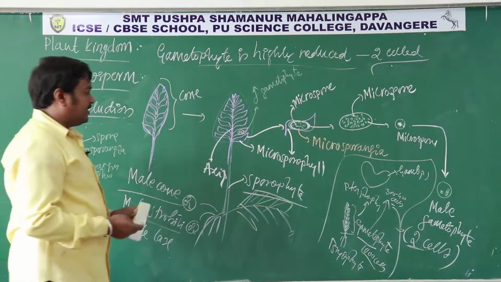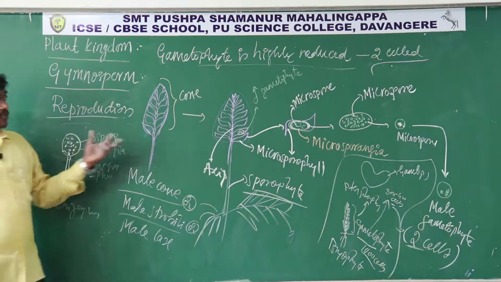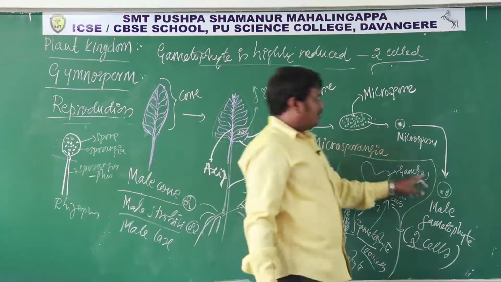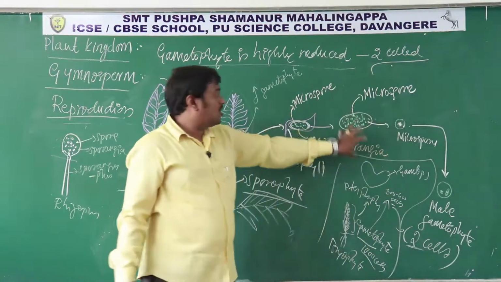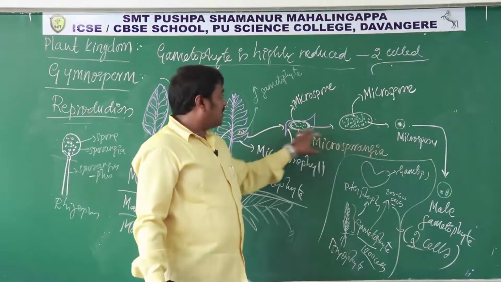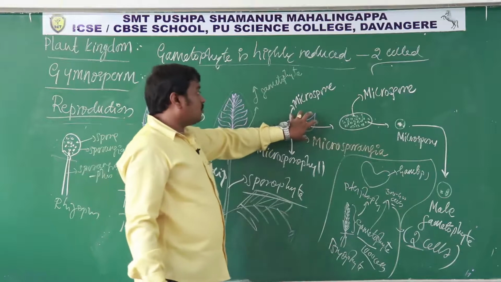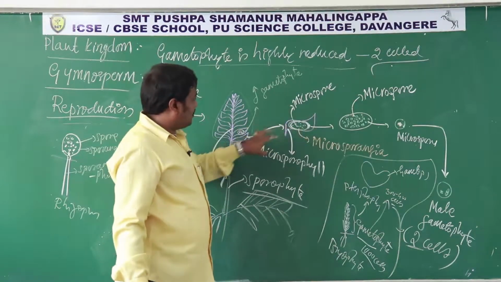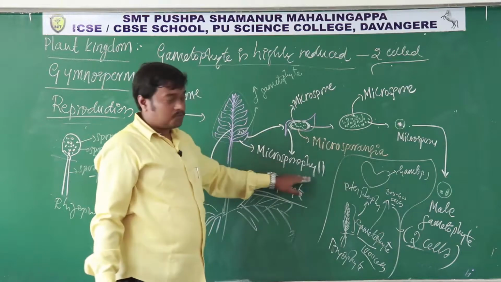So let me repeat it again. Microspores are produced in a sporangia called microsporangia, or microsporangiate. Many microsporangia are born on a microsporophyll.